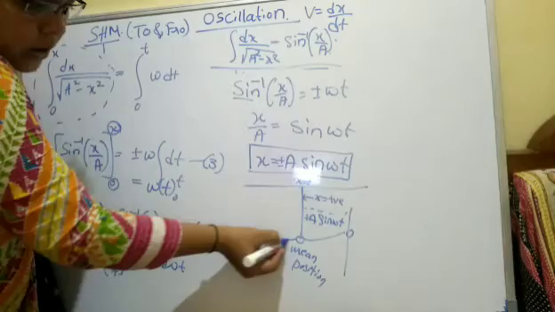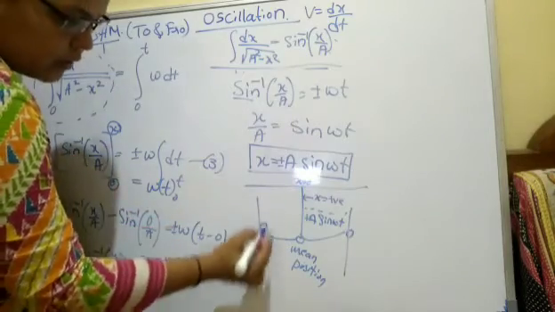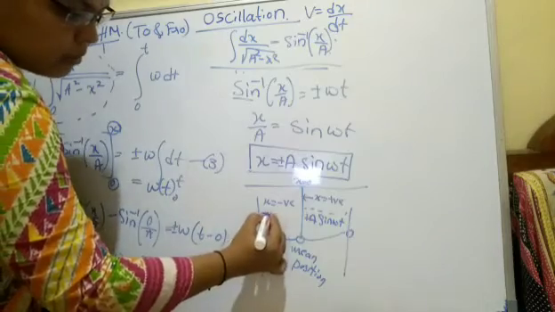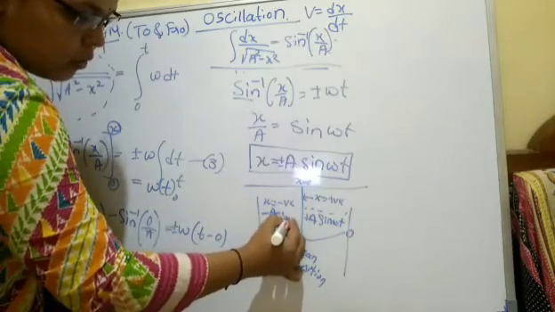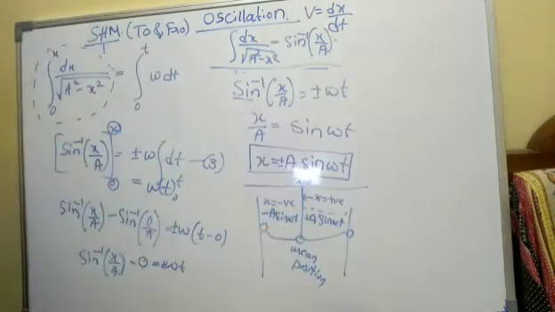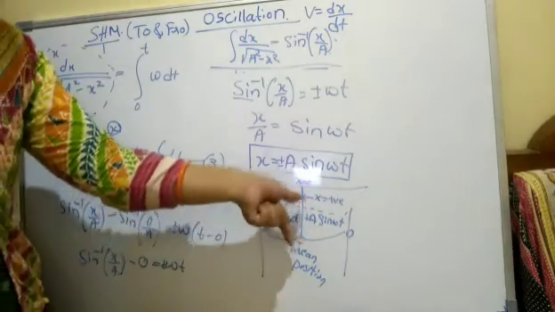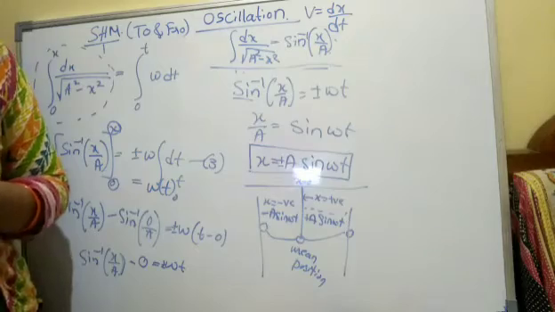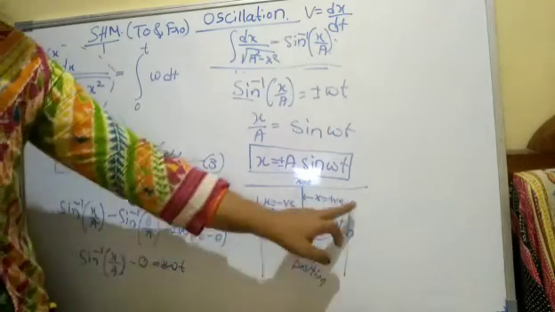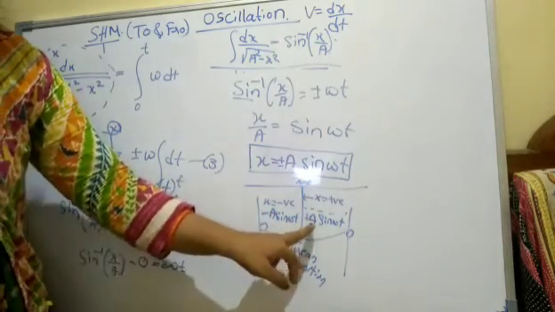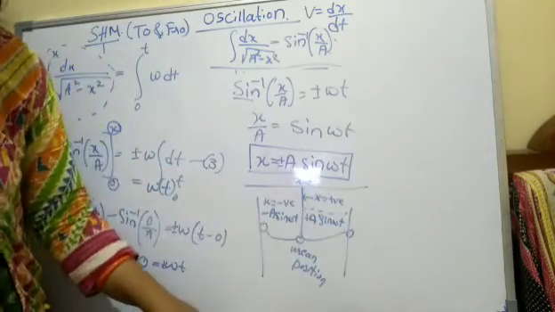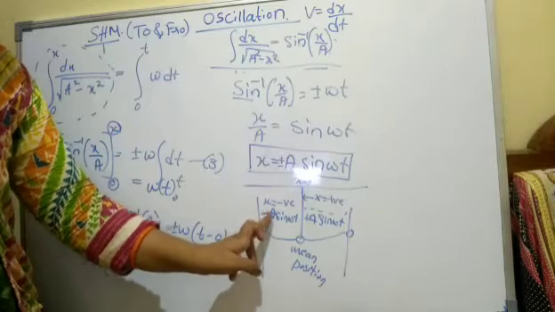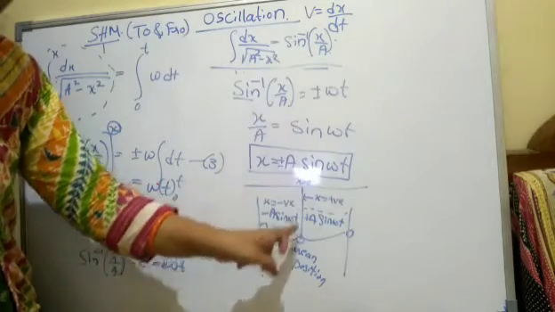When it moves towards the other extreme position here, x is negative. So x is negative means minus a sine omega t. So you should remember here, the particle is moving from mean position, means at x is equal to 0, to the positive direction of the displacement, that is a sine omega t here. When it is moving towards the negative direction, that is minus a sine omega t with respect to the mean position.